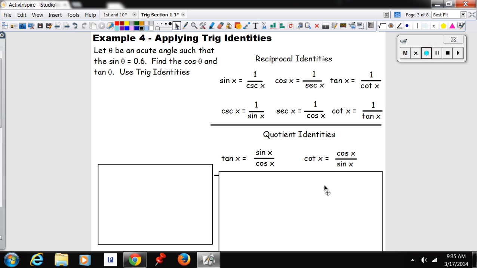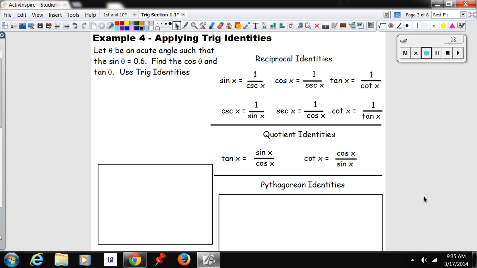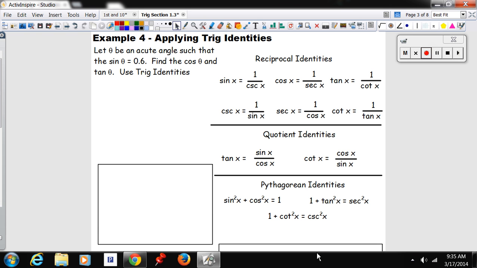And there's 3 Pythagorean identities. Pythagorean kind of sounds like what? Pythagorean theorem. So yeah, these are going to be based on the Pythagorean theorem. So your three Pythagorean identities, sine squared plus cosine squared equals 1.